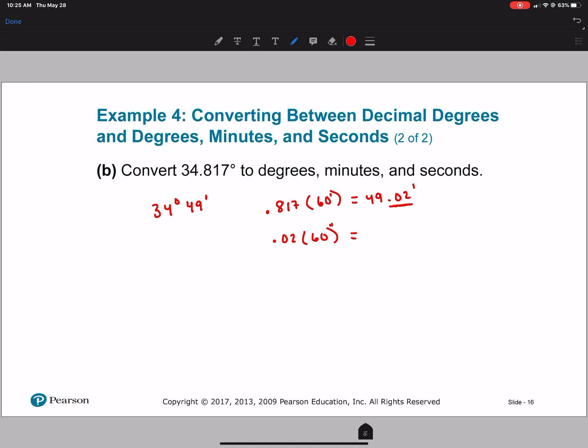So that's going to be seconds. And when we multiply that, it's going to be 1.2 seconds. Now, when we multiply that, now we do what? We round. So let's just round off to 1. So it'll just be 1 second. So we got 34 degrees, 49 minutes, and 1 second.